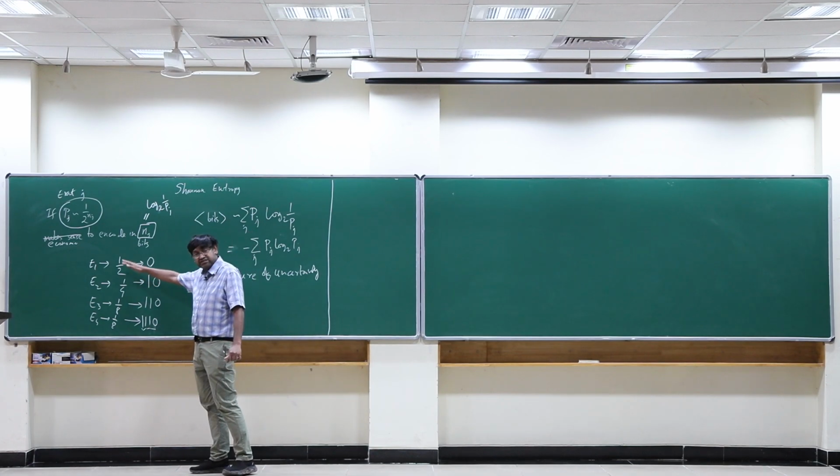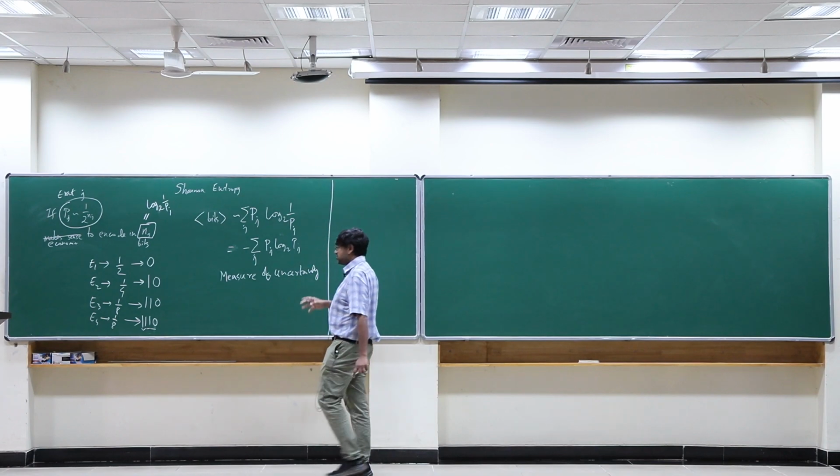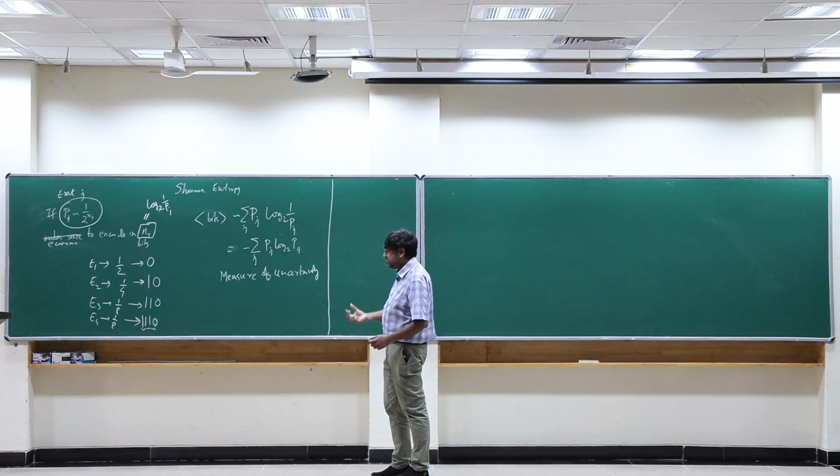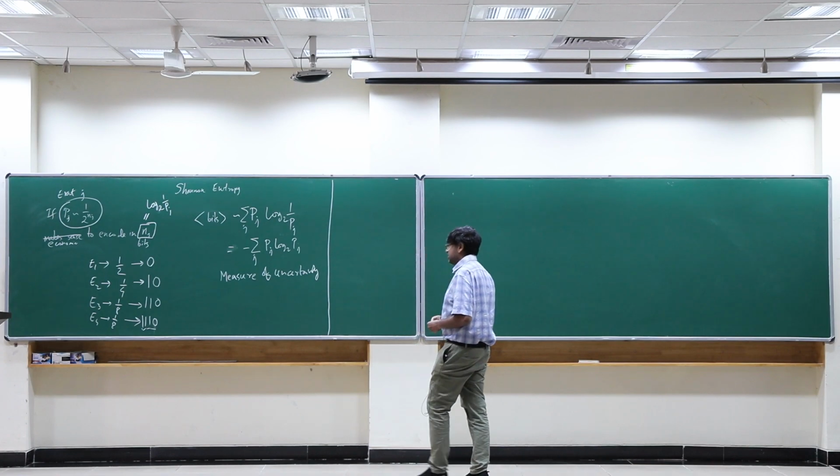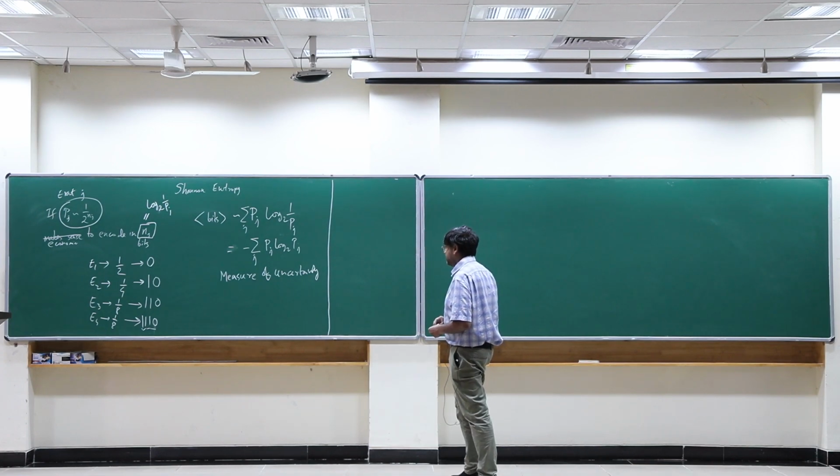It's far less because they have different frequencies of occurring. So the average length that you will need to convey one letter of English is probably far less than the total number of bits needed for those 26 letters.